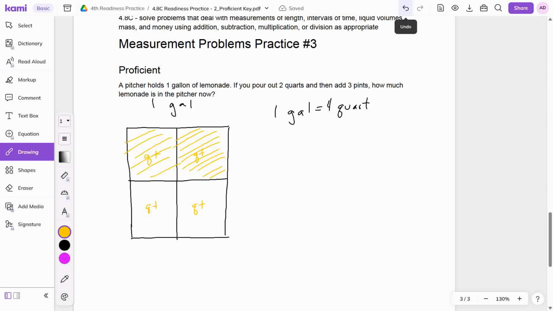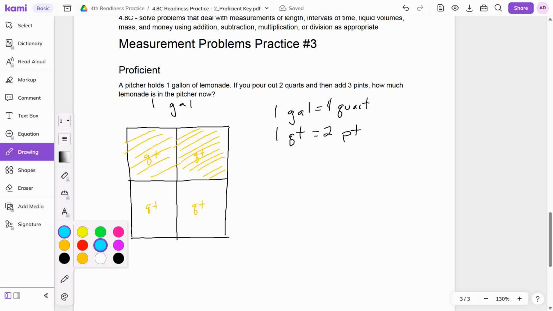Okay, so what do we know about pints? All right, well, we go from gallons to quarts. We've got 1 quart, and the abbreviation there is QT, equals 2 pints. 1 pint equals 2 cups. We don't need to get out to cups yet. So each of these quarts is 2 pints, and I'm adding 3 pints.